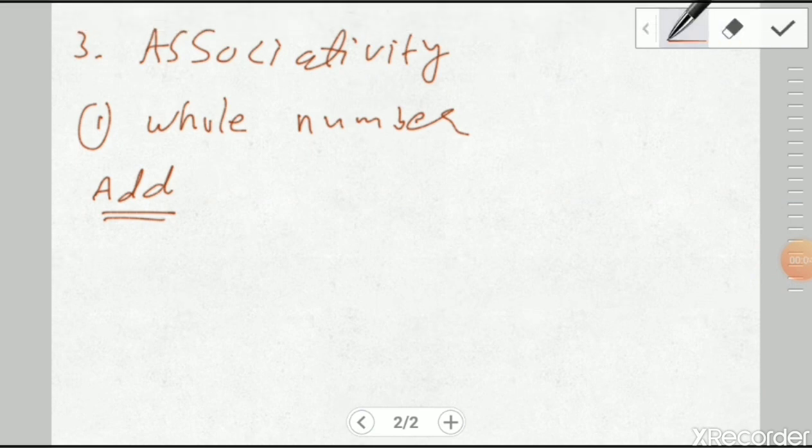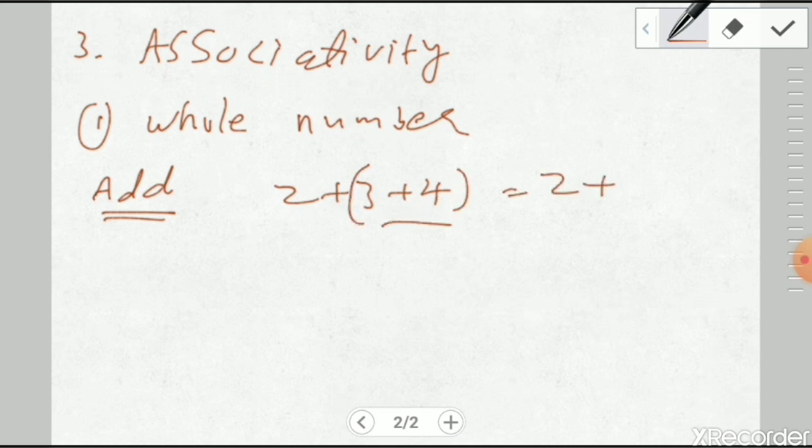Now we'll discuss the next property, associativity, for whole numbers. If we perform it for addition, just like 2 plus 3 plus 4, and I make an association of the 3 and 4, so 2 plus this bracket, the answer of this bracket is 7. So 7 plus 2 is 9.